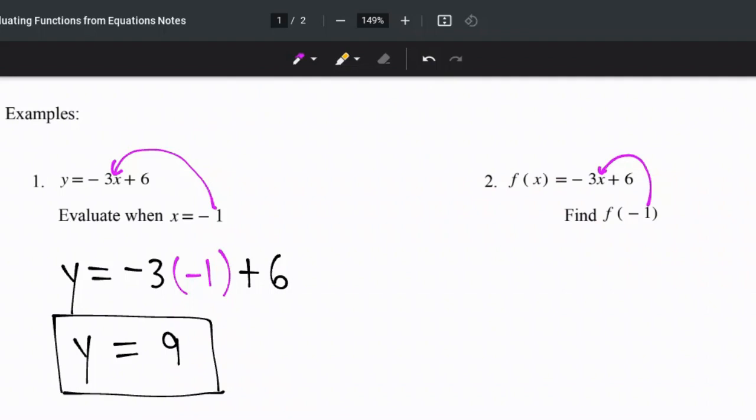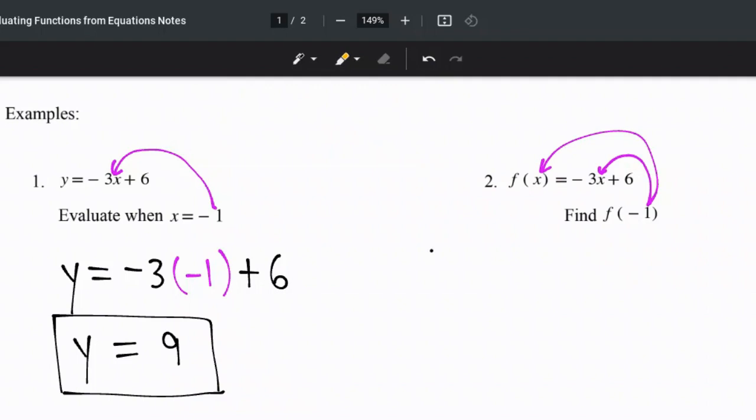And technically, we could replace it with both of these x's just so that when we set up the original equation now, you'll be able to see what it looks like. So what we're basically saying, if we take negative 1 and put it in for x, what do we get? You could think of it as an input, and then we're going to see what we get as an output.